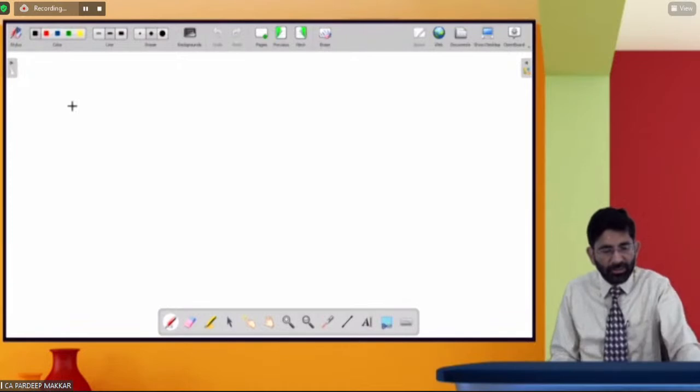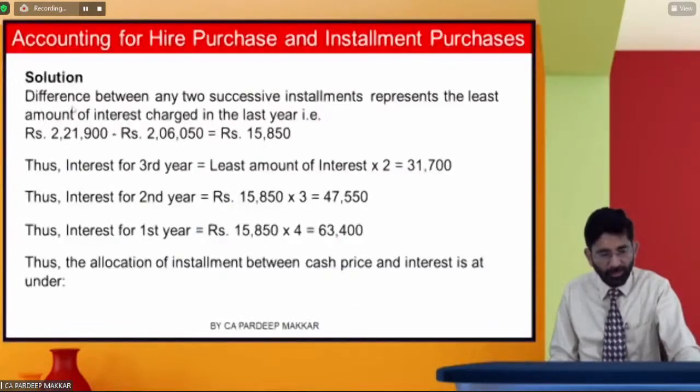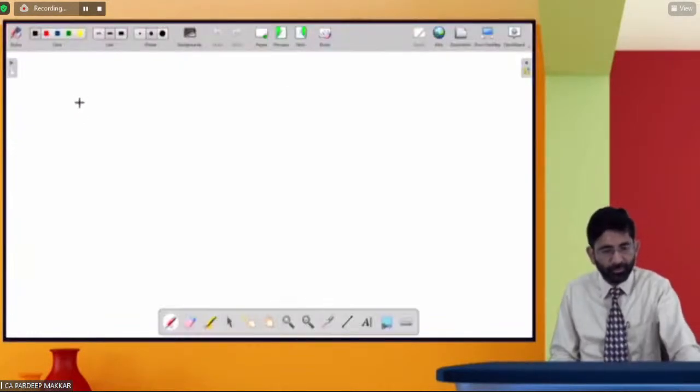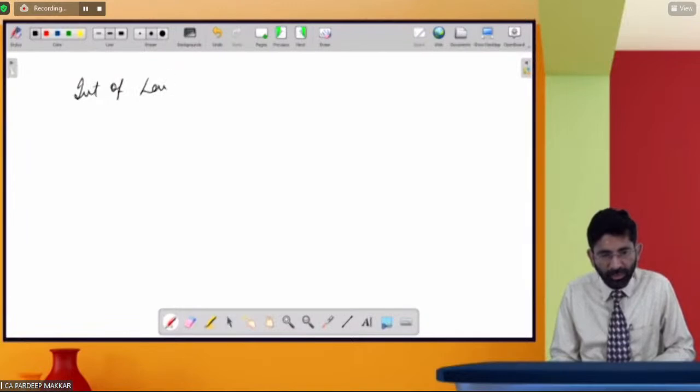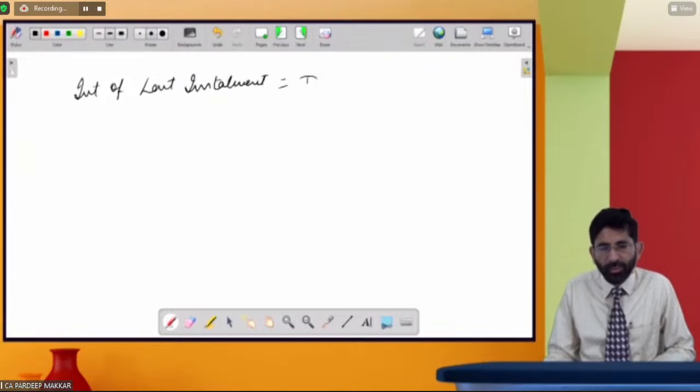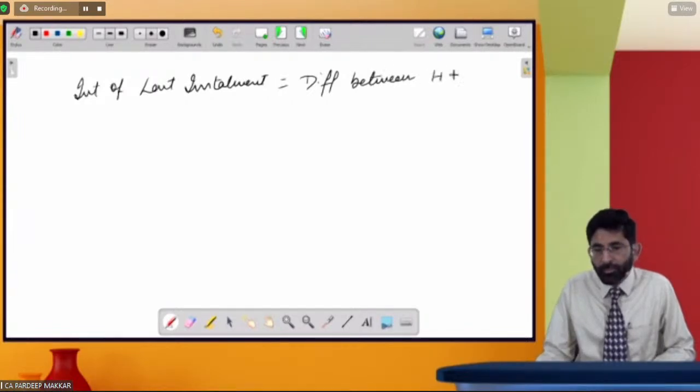In the given case, it is 15,850. So you have to calculate the interest of the last installment, which is equal to the difference between the HP price of any two installments.